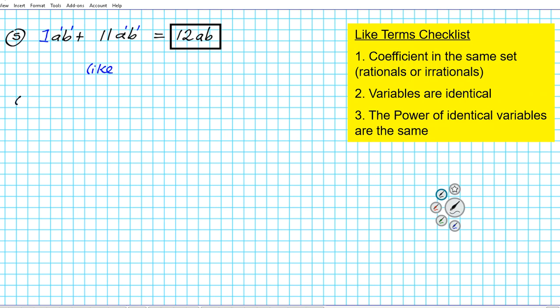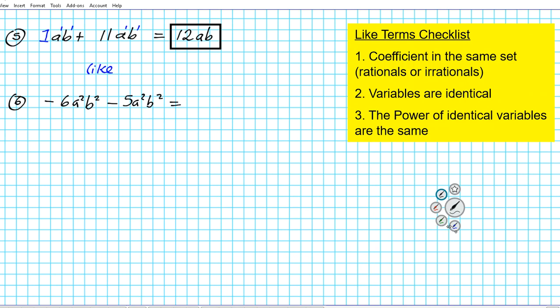All right, let's take a look at number 6. What if we were to simplify the expression negative 6a squared b squared minus 5a squared b squared? All right, so first of all, let's see if they're like terms. Coefficients negative 6 and negative 5 are both rationals. Variables identical AB, and the powers of the identical variables are the same, 2 and 2.